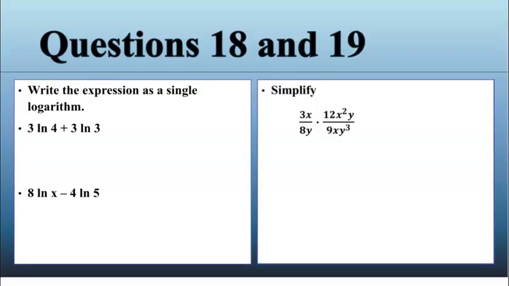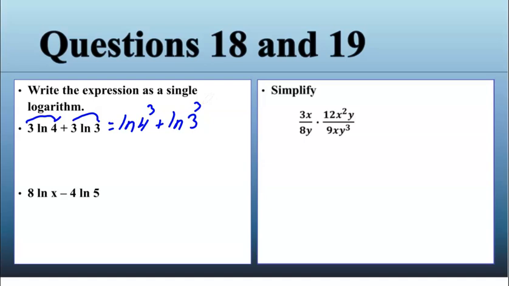Question 18. Write the expression as a single logarithm. So when we have a number out in front of a log, we put that as an exponent. So right now we have natural log of 4 cubed plus the natural log of 3 cubed.